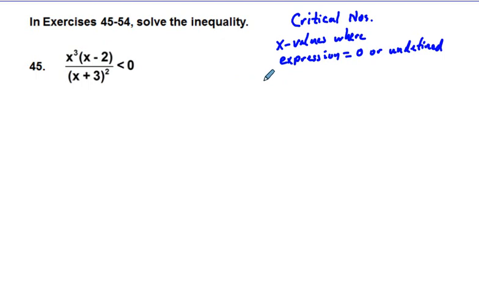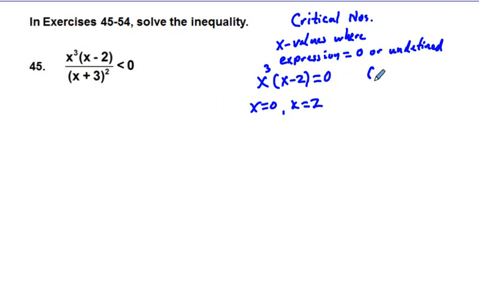equal to 0. So if we let x cubed times quantity x minus 2 equals 0, we know that x equals 0 is a critical number, and also x equals 2. And also the denominator.